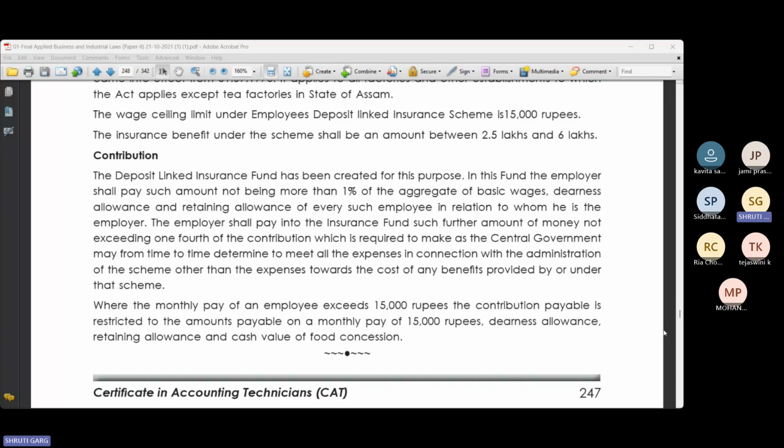This act extends to the whole of India. Okay, got it? 15,000 rupees.